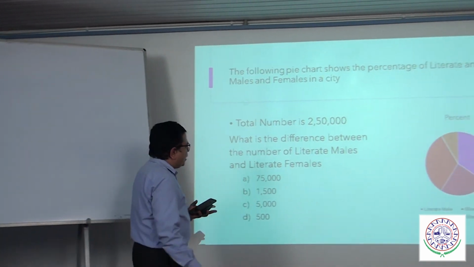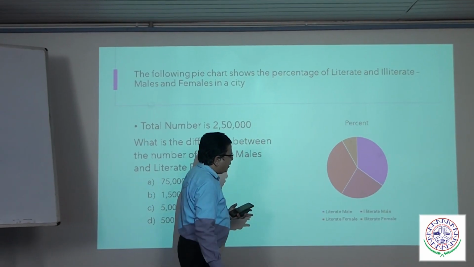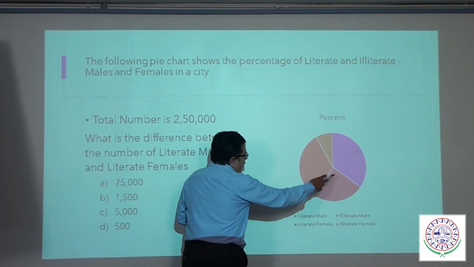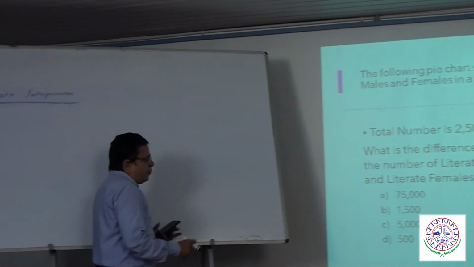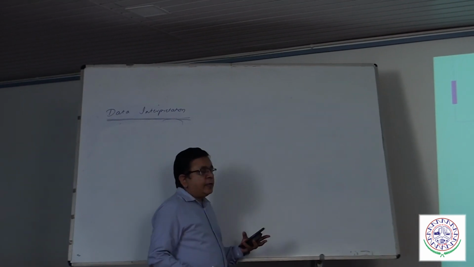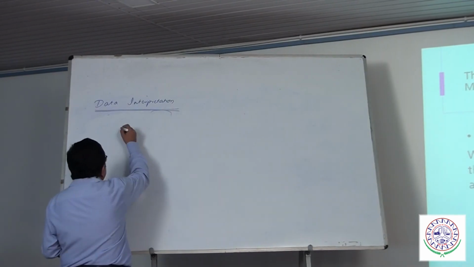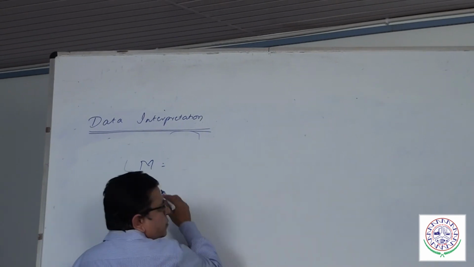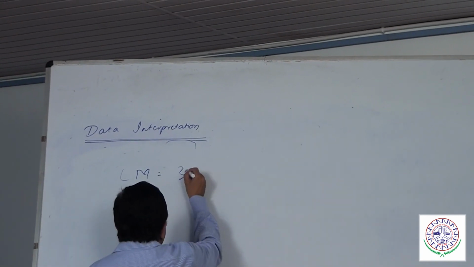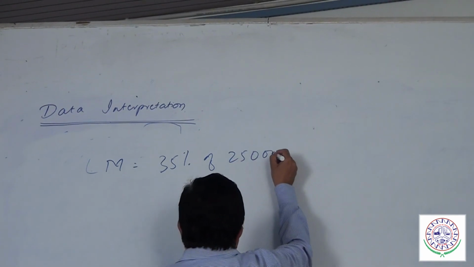Literate males, this one, and literate females, this one. So 35% and 33%. Let's first write down: literate males are 35% of 2,50,000.